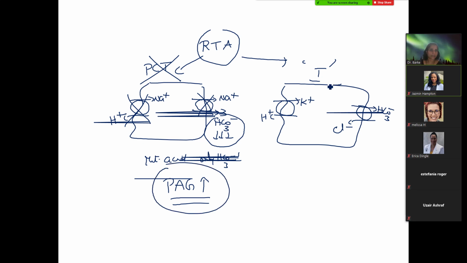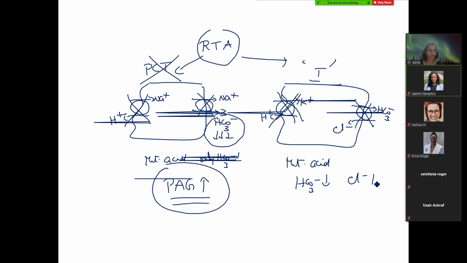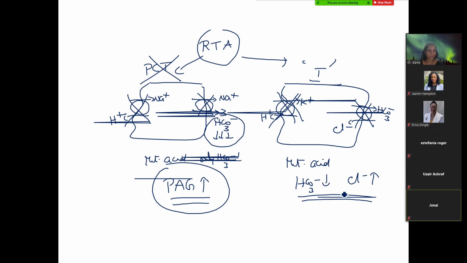But if you go to the other type where the I cell pump is not working, that will give rise to metabolic acidosis. But because this pump does not work, this also won't work. So here it is the bicarbonate chloride exchanger, correct? So what will happen here? Bicarbonate will decrease, but chloride will increase. So this is affecting the chloride exchanger. So any disease where the bicarbonate chloride exchanger has been affected, bicarbonate will decrease and chloride will increase.